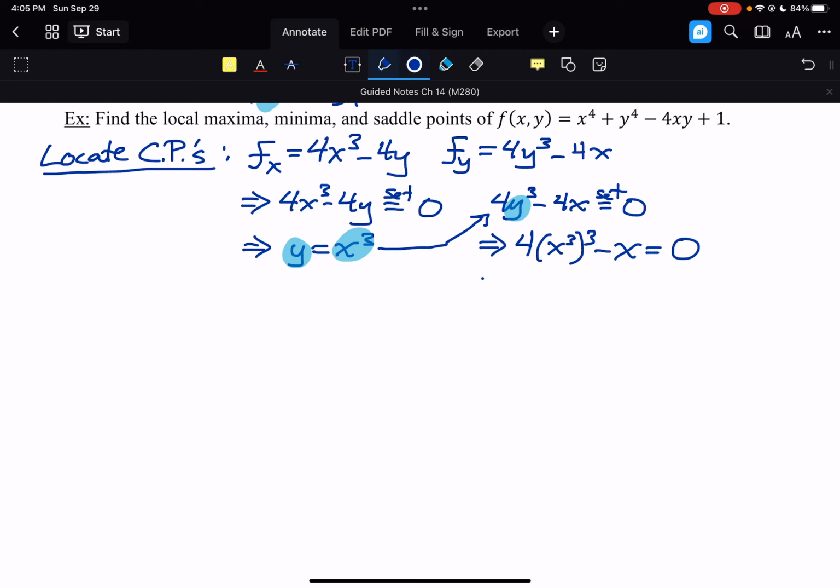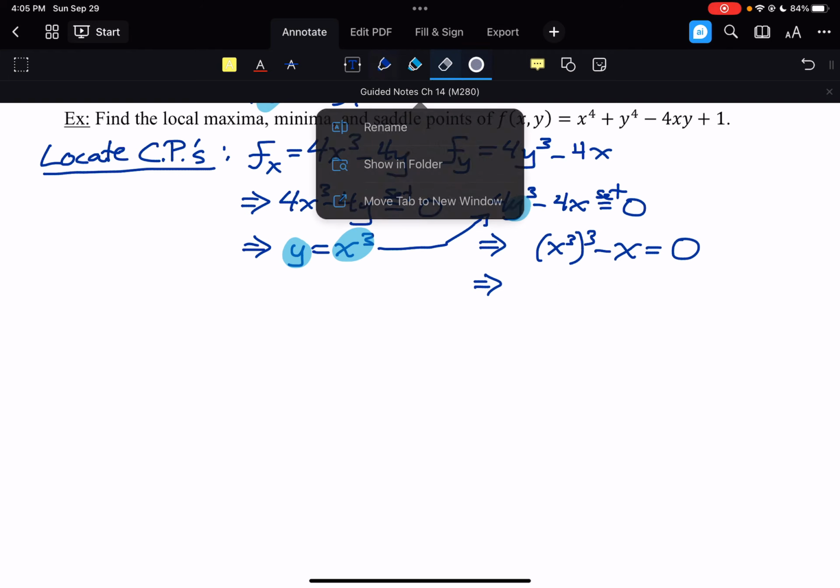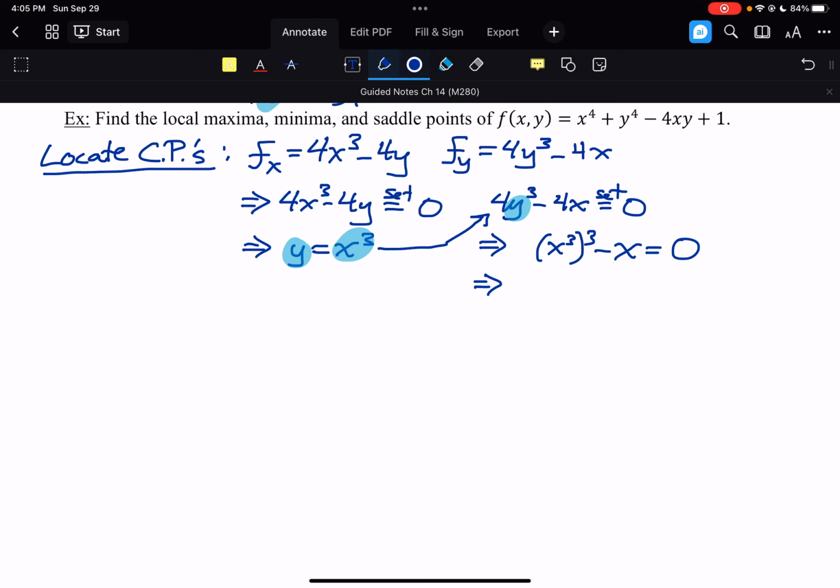Whoops, I don't need the 4 on there anymore. So we get x to the 9th minus x equals 0. So we can factor out an x, and that's x times x to the 8th minus 1 equals 0.